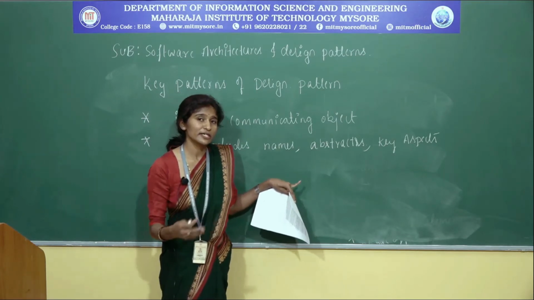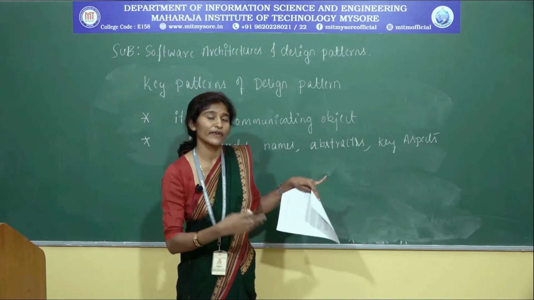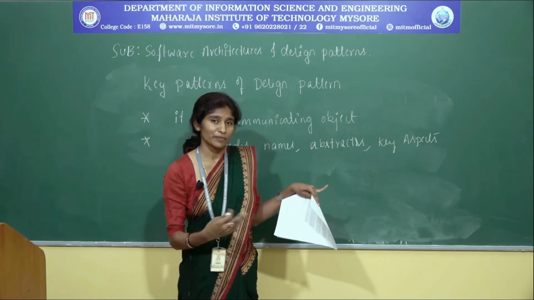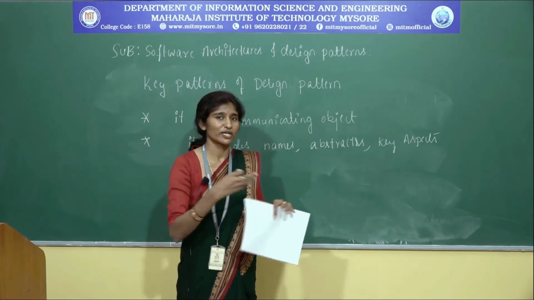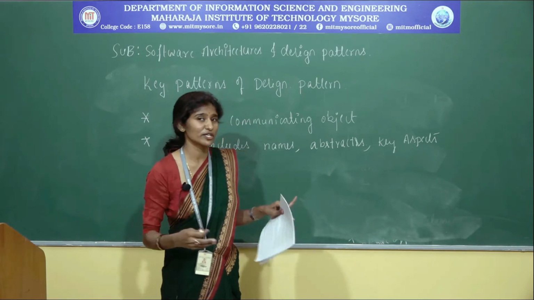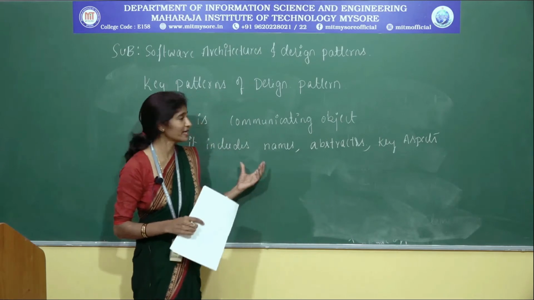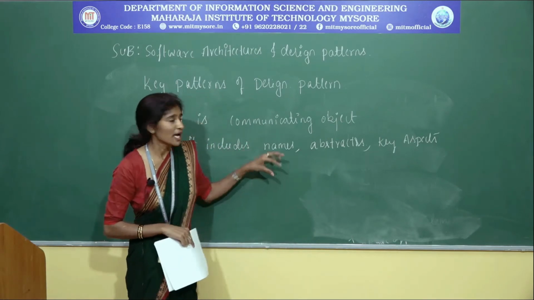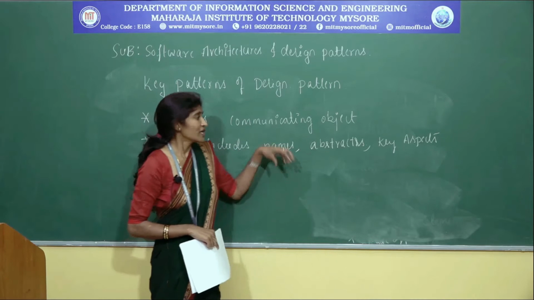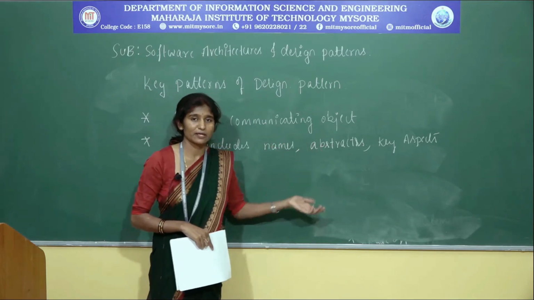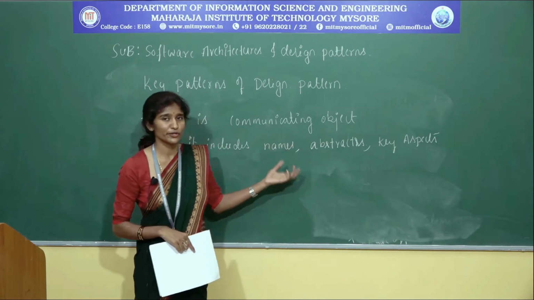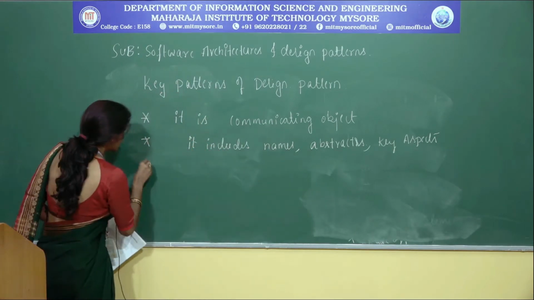If you are going to purchase any dress, it is going to tell the color, fabric used, the type and everything, and which kinds of machine can be used for washing and so on. Different information is given with respect to the fabric, right. In the same way for the design pattern, I am going to give a name, the abstract of that particular design pattern, the key aspects of that design pattern, everything it is going to include. Okay, we will see the next key point.